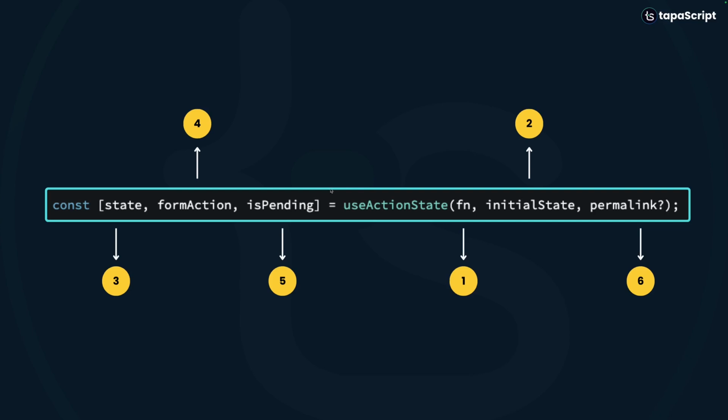Very clear. Now the last but not the least, this permalink, which is an optional parameter to the useActionState. What it does, it usually contains a string, which is nothing but a unique page URL that this particular form that we are dealing with modifies. So let's say this particular action or the server function that the form is submitting is being submitted before the JavaScript loads on your browser, or the JavaScript bundle loads.